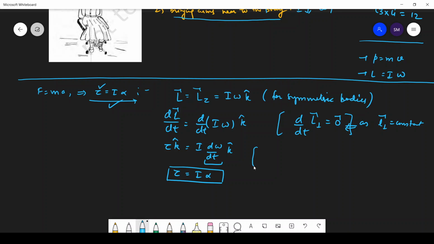So here I have taken that this value dL by dt is equal to tau. So you can see that both are positive, so it means they are in the same direction. If vector is equal to vector and there is the same sign, it means both have the same direction.